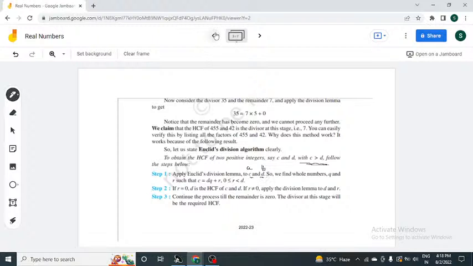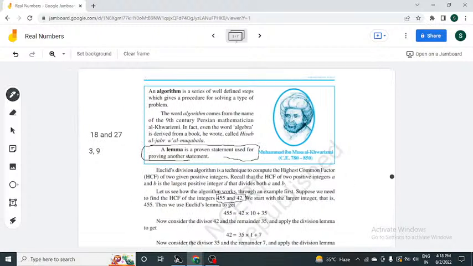So now let's come back and apply that here. Here we want to find out the HCF of 455 and 42, and we can do that by applying the lemma first. I'm going to write the lemma again so that it's easier for you to relate.